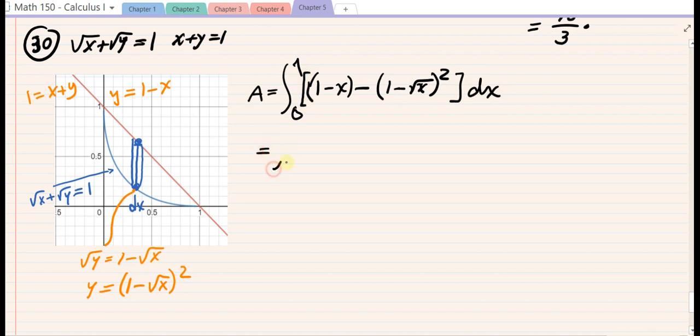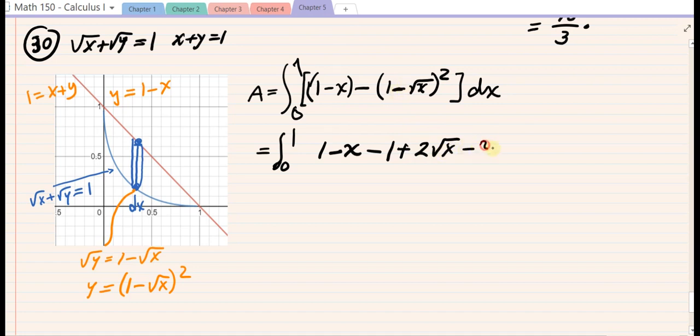Now we need to just tidy up a little bit here. So that's going to be 1 minus x. And if I square the binomial, I get minus 1, minus 2 times 1 times root x with a negative on the outside makes positive. That's going to be positive 2 root x. And then, of course, root x squared is positive.